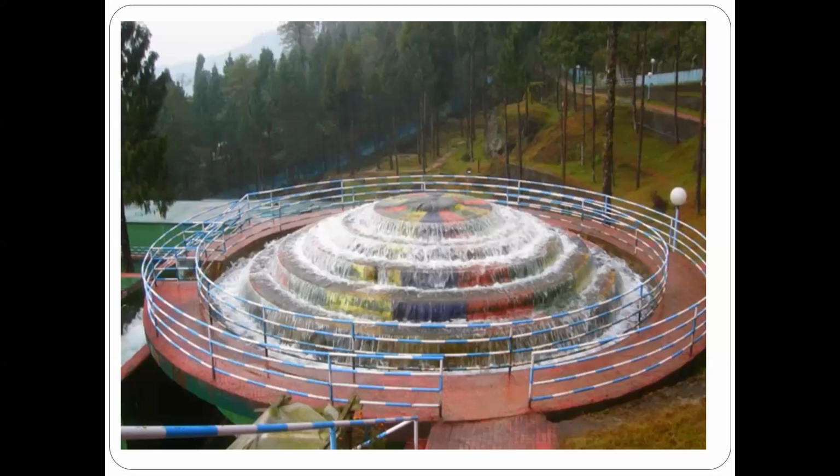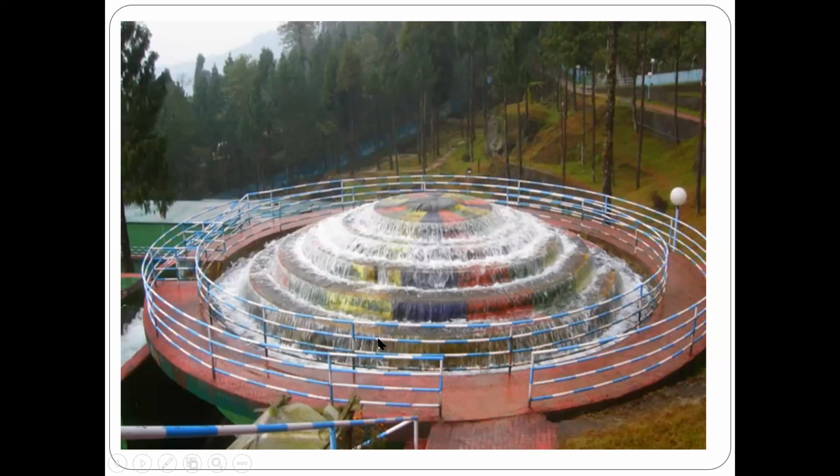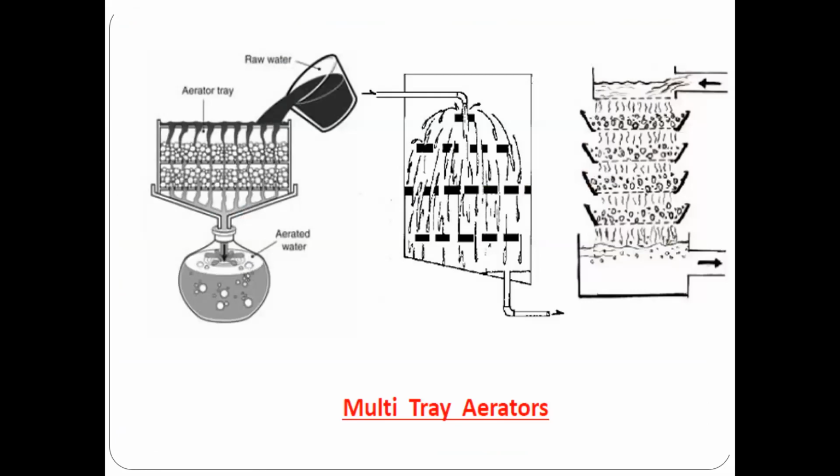So when we carry out this cascade aeration, sometimes riffle plates, inclined plates, may also be present over the steps. Okay, so that riffle plates are continuously moving. Okay, these may be open in air or under shelter. So you can see this open in air, or it may be under shelter.